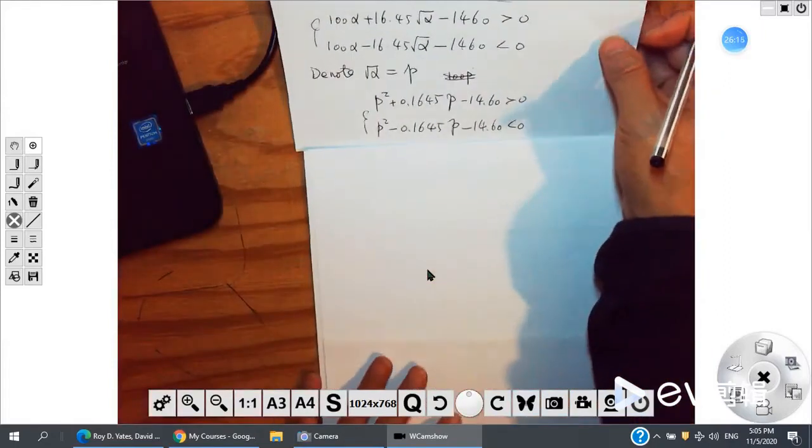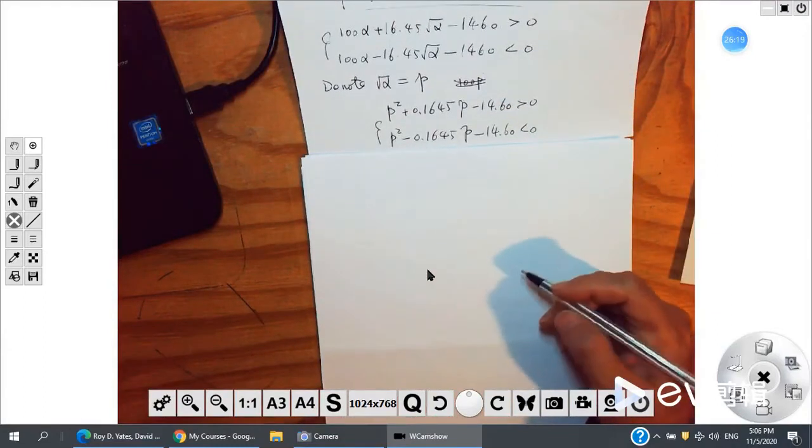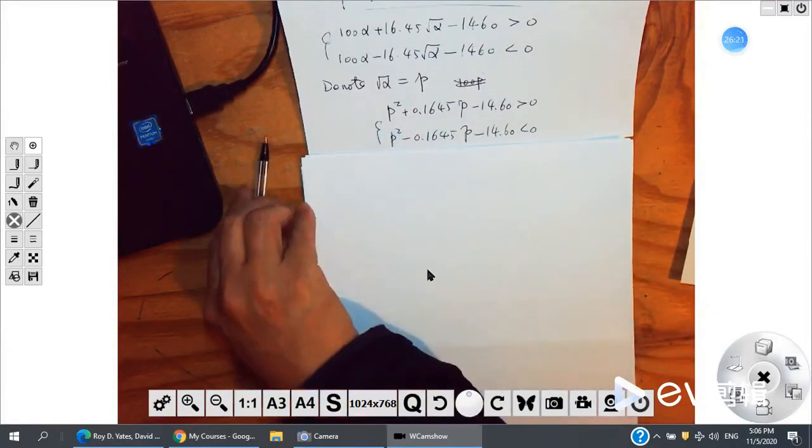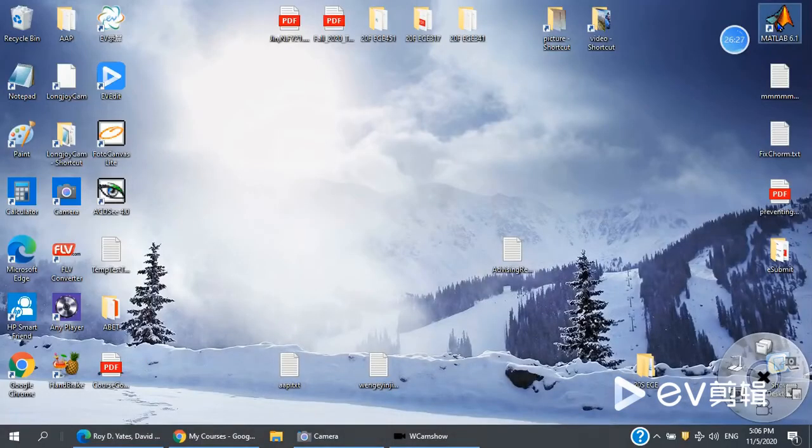To estimate that, I need to find the roots. To find the roots, I use MATLAB. You can also try to solve it by handwriting on paper, but we have faster tools.